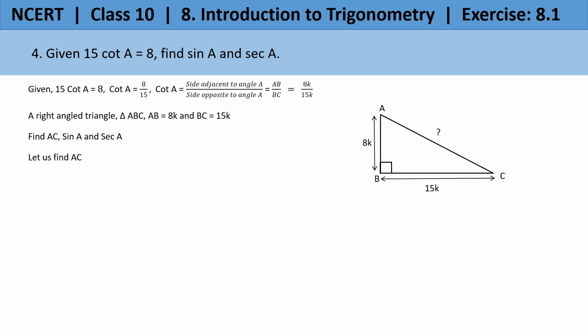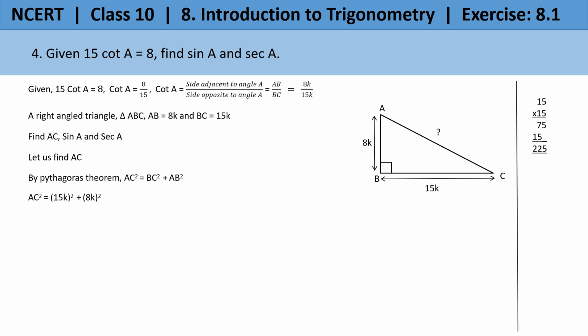Let us find AC. We can use Pythagoras' theorem. In right-angled triangle, hypotenuse square is equal to sum of squares of other two sides. AC square is equal to BC square plus AB square. AC square is equal to BC square, which is 15k square plus AB square, which is 8k square. 15 square is equal to 225.